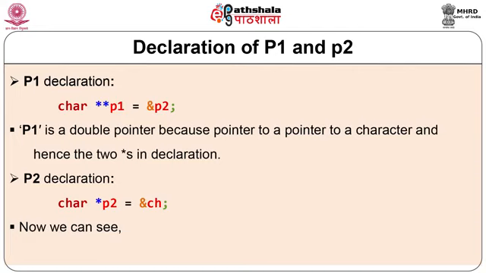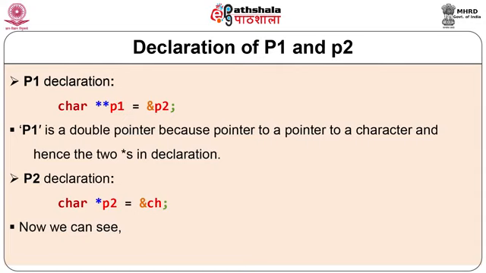Next is the P2 declaration: char *P2 = &ch, for declaring the P2 pointer for character F as in the earlier example.